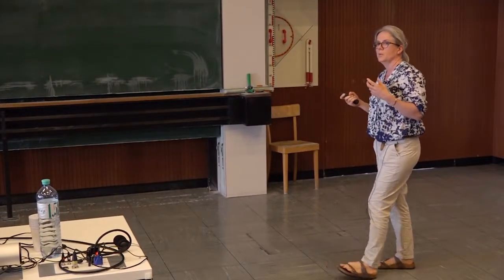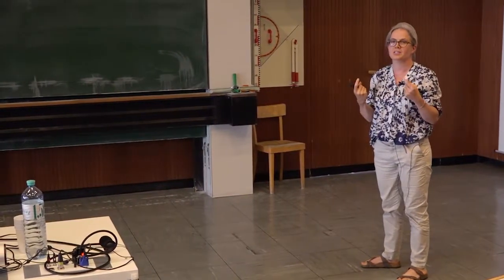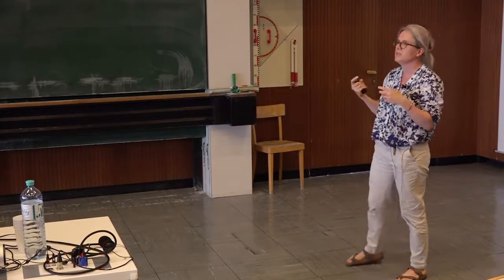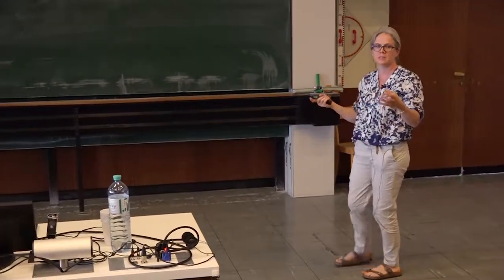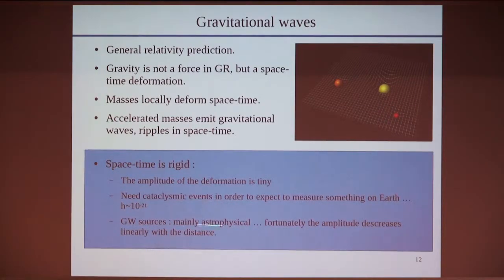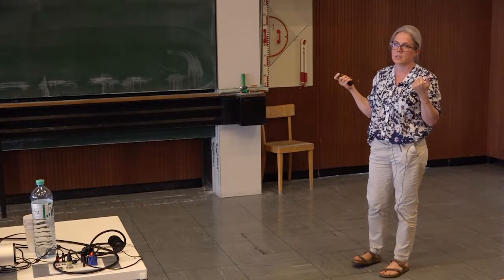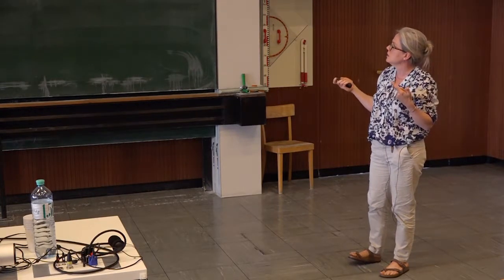You can emit some gravitational waves, but they are really, really weak, not detectable, even with the LIGO Virgo detectors. So that's why we are looking for sources that are generated by super compact objects, black holes and neutron stars.